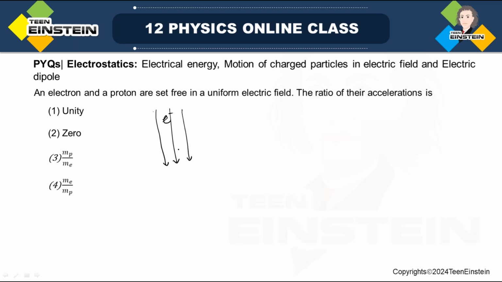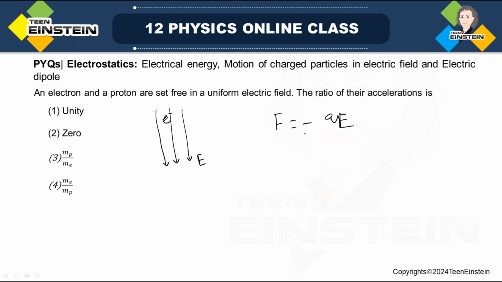So what will be the acceleration in this electron? So first of all, if the electric field lines are like this way, so electric field also will be in this way, and the force experienced by the electron will be minus q into E.